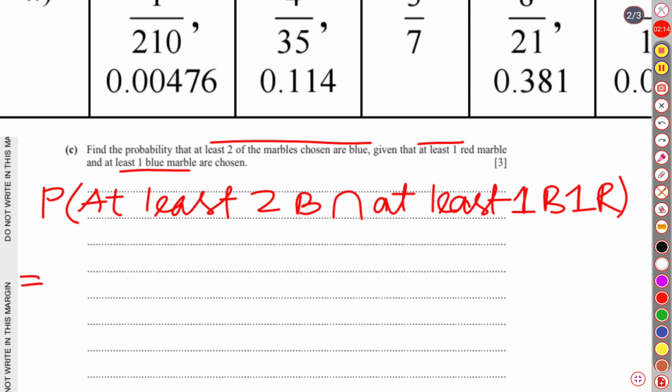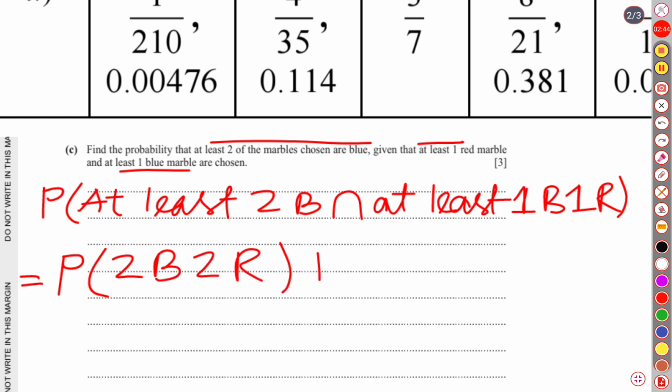So it means there should be no less than 2 blue marbles. The total number of marbles chosen is 4. So out of 4, there must be at least 2 blue marbles. What are the possible cases? If 2 marbles are blue, the rest 2 will be red.